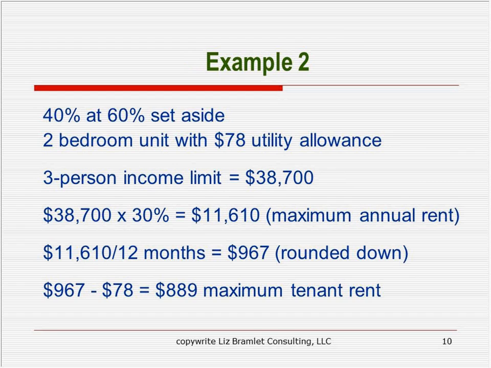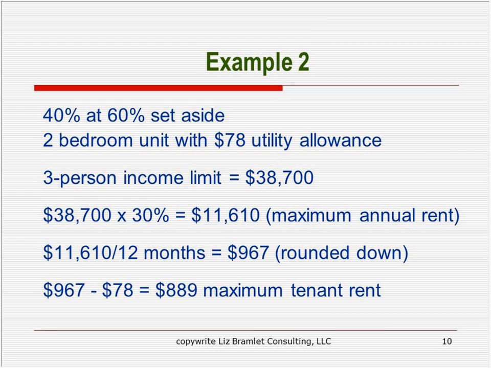Example: a 40 at 60 property needs the rent for a 2-bedroom unit that has a $78 utility allowance. The 3-person income limit is $38,700. That's the income limit we use to calculate rent for 2-bedroom units. So $38,700 times 30% is a maximum annual rent of $11,610.